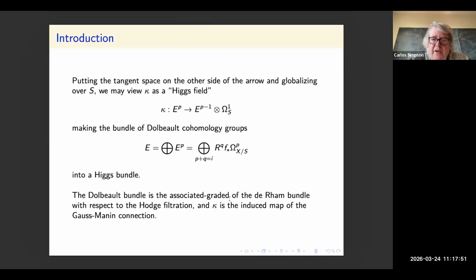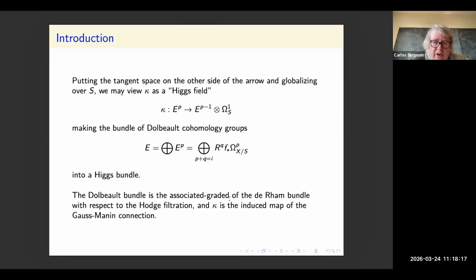We can view this as a Higgs field, in the sense that we can take the tangent space on the left side and turn it into the cotangent space on the right side, and globalize over the base. So we can view this as a map from E^p into E^(p-1) tensor Omega^1_S, and it gives us the bundle E, which is the direct sum of these E^p. It's the relative Dolbeault cohomology that makes it into a Higgs bundle.